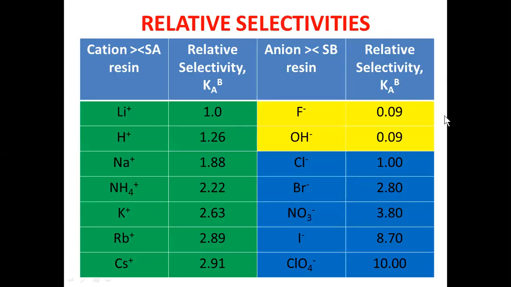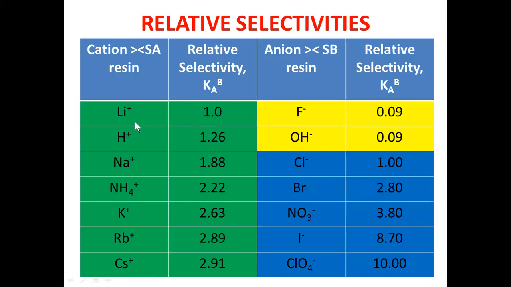You can look at this table to compare the performance characteristics of cation exchange resin and anion exchange resin. This is a strongly acidic cation exchange resin, a sulfonic acid resin, SO3H resin, where the hydrogen ion is the free ion. The relative selectivity coefficients, the values of KAB, are presented here.